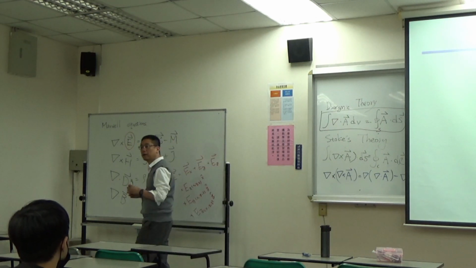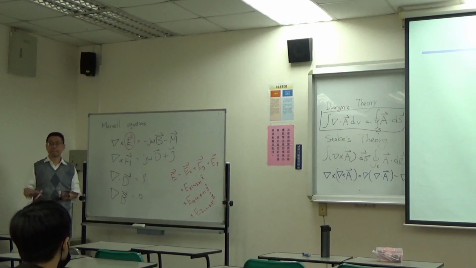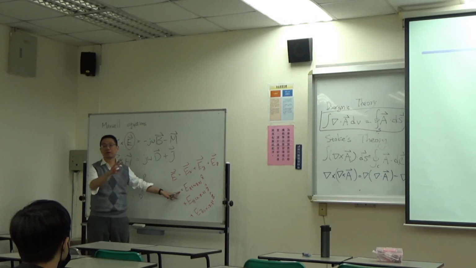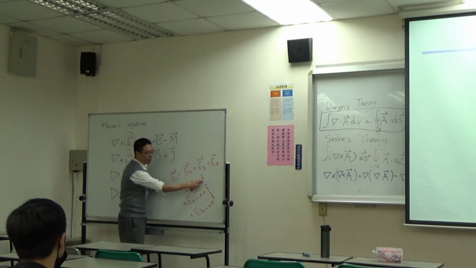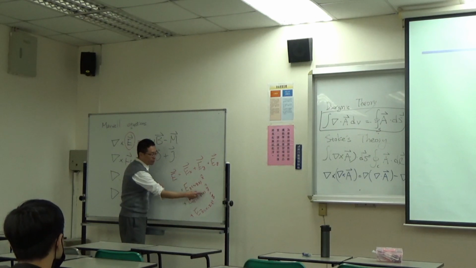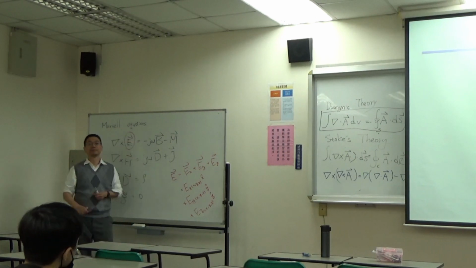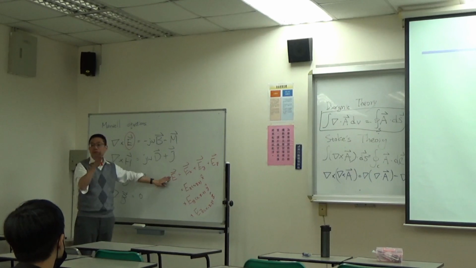Okay? Can you read that? I write it very roughly. So this term is the X direction, this term is Y, and this term is Z. This is for just x, y, z.